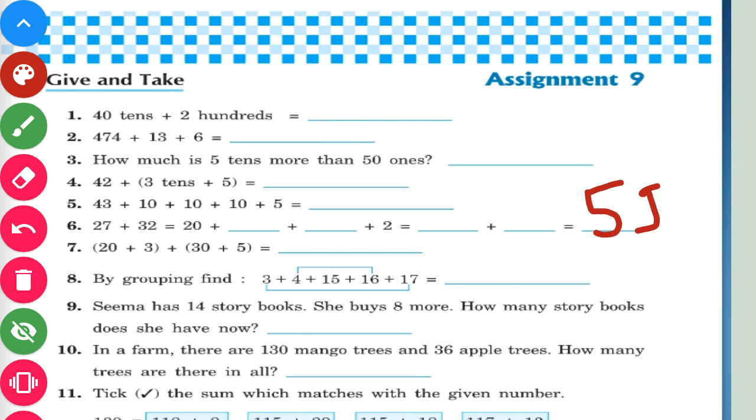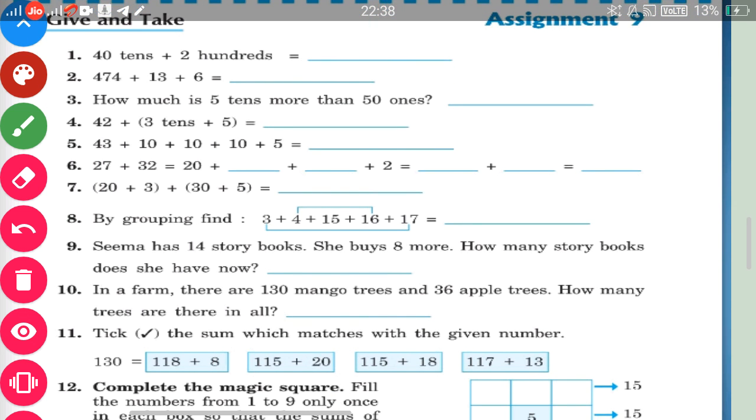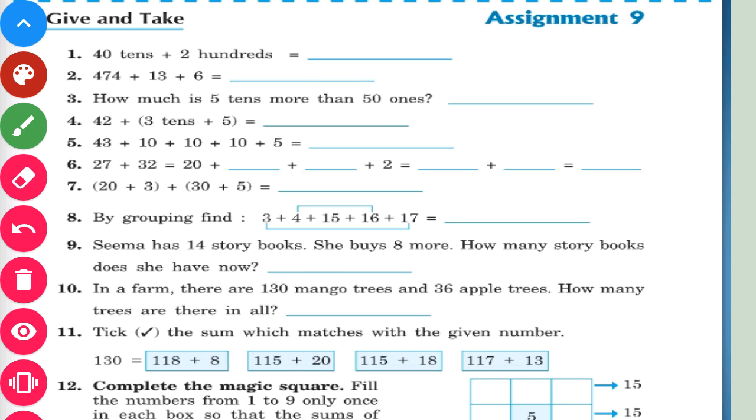Now, question number 7 and question number 8, you will do yourself as both the questions are based on regrouping. Now, question number 9 says, Seema has 14 storybooks.